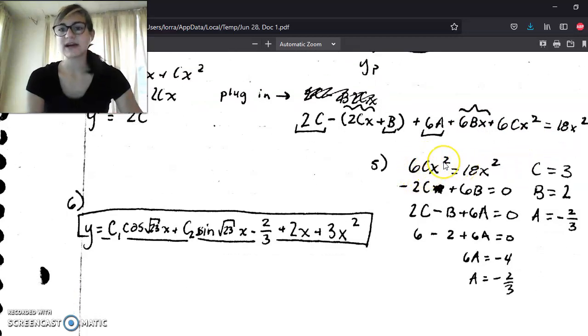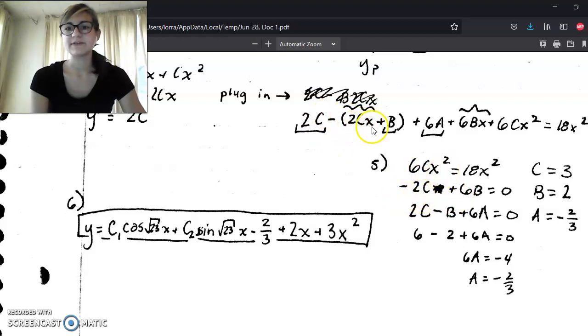So cx squared, you find like terms, so cx squared is equal to 18x squared. So that's pretty easy. You just divide both sides by x squared and 6 to get c is equal to 3. And then you just combine similar degrees. So you have negative 2c plus 6b right here is equal to 0.